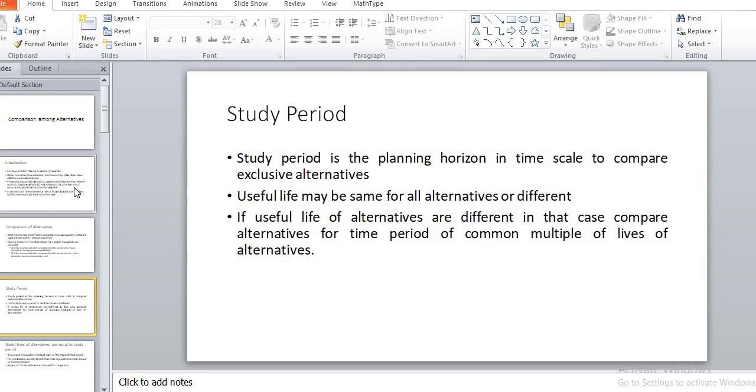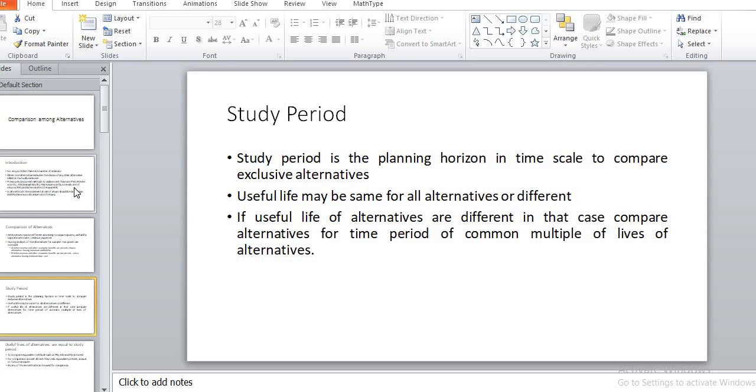If the time span is equal, then we say the lifespan is equal. This is the study period. We compare these projects considering their lifespan. If the lifespan is the same, these are considered an equal interval of time.